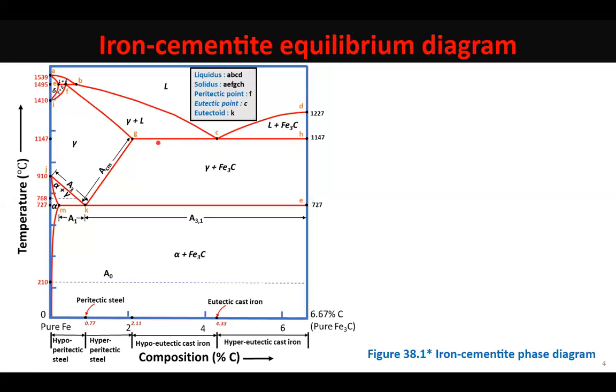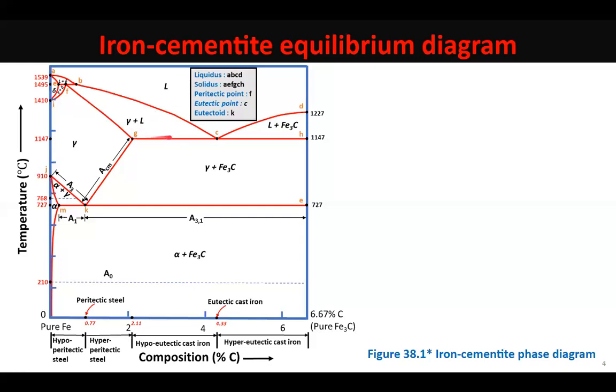But how many phases are there in it? See, there would be only two phases. The only difference is that cementite has come only from one source in hypoeutectic cast irons, and that source is the eutectic reaction, whereas austenite has come through the eutectic reaction and was also there because of the simple solidification in this range, which is pro-eutectic or primary austenite.